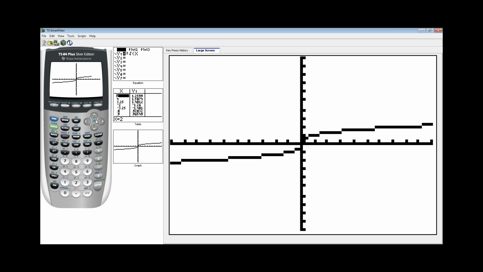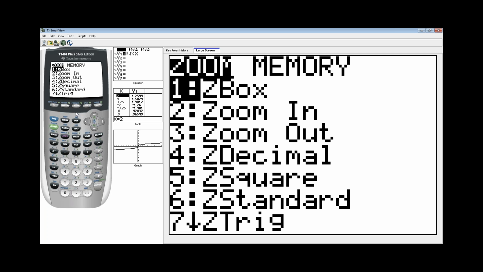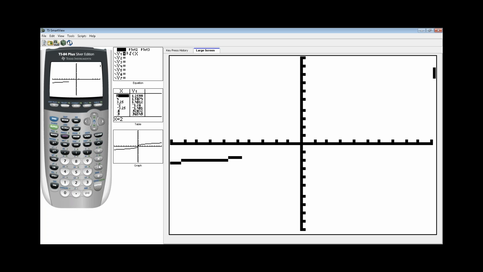Now let's say your window was looking different and you couldn't see what you wanted to see. If you press zoom, standard, that's a good one to choose because it gives you the standard window I just showed you. You can type 6 or scroll down to number 6. Here's the graph of the cube root of x. You can compare it with the ones in the question and choose the appropriate graph.